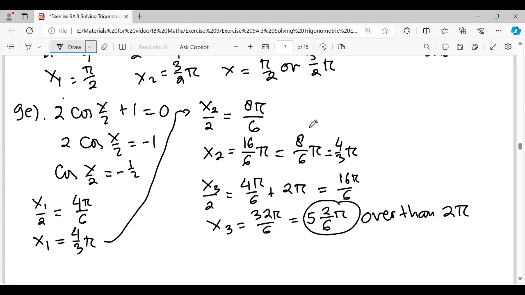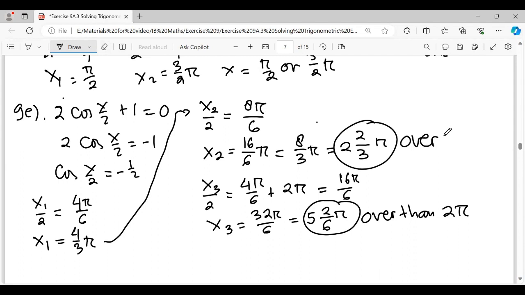This one as well, it is over 2 pi. It means x is just 4/3 pi.